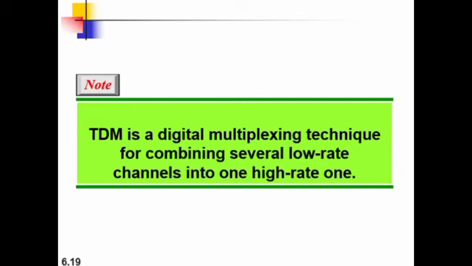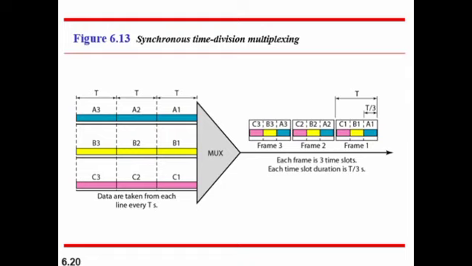Now, the synchronous time division multiplexing. So in synchronous time division multiplexing, you can see that we are given some data from different lines. In the case of synchronous time division multiplexing, it will take a bit from every channel, or link, and they will make one single frame over here.